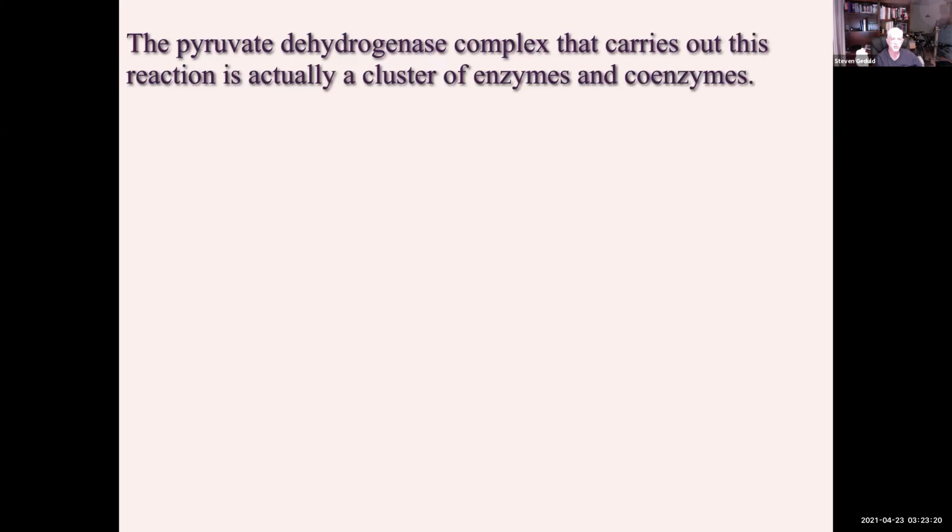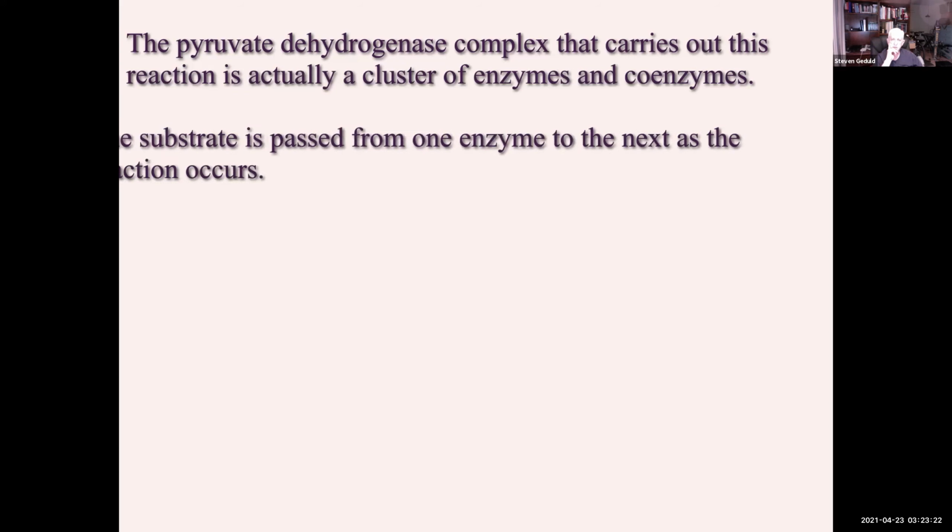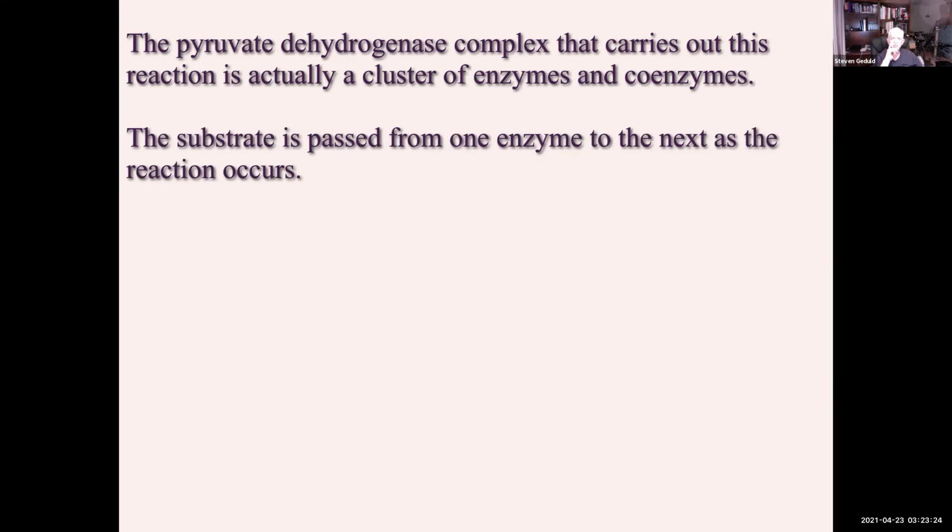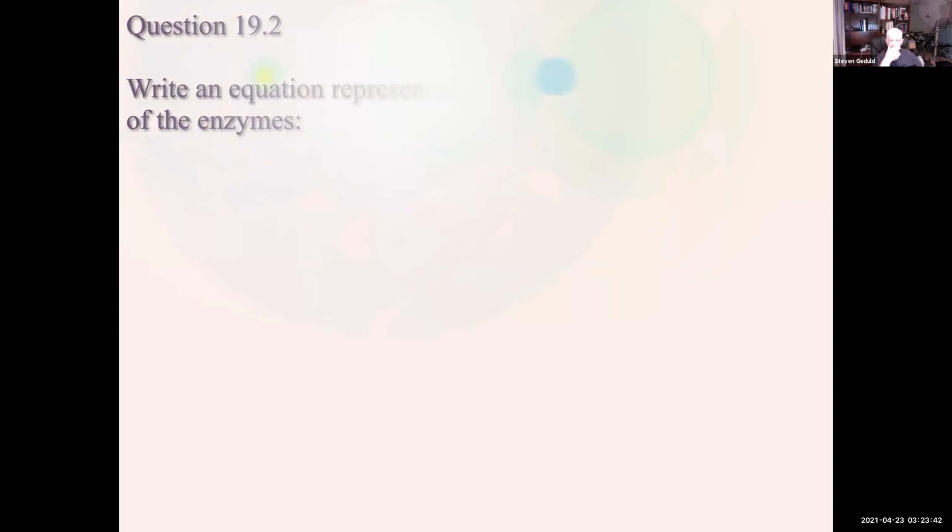So it's a group that are doing it. The substrate is passed from one enzyme to the next as the reaction occurs. So each enzyme is regenerated as it's passed to the next step. You take the enzyme, it bonds to it, changes it, modifies it, and then something else is passed to the next one. And you regenerate your original enzyme.